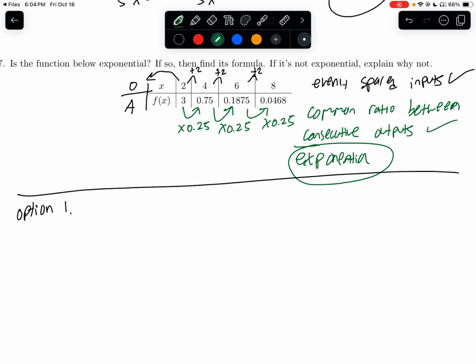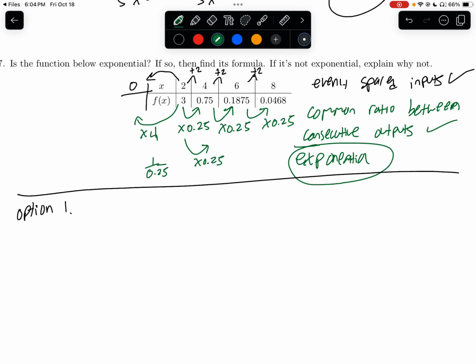And if I want to go backwards with the outputs, well, if I'm going left to right, if I multiply by 0.25, to go the other way I would multiply by the reciprocal of that, or 1 over 0.25, and that's 4. And so going from here to here, I would multiply by 4, 1 over this number, and 3 times 4 is 12.